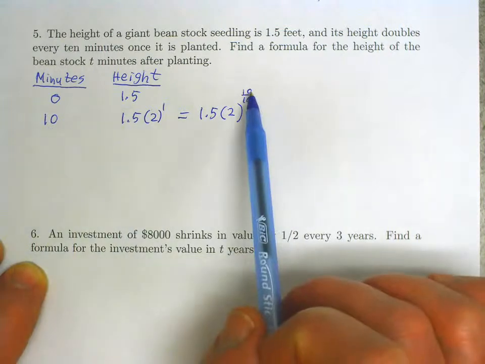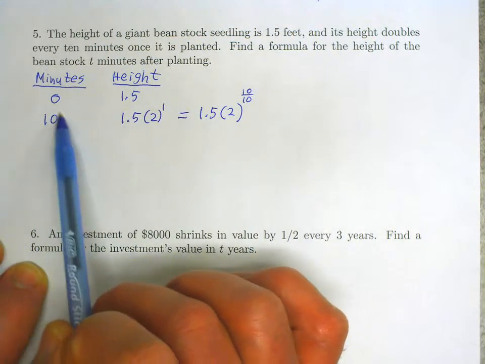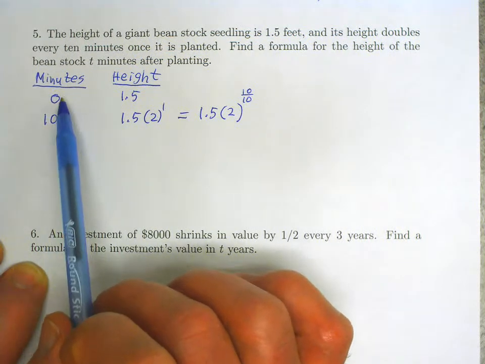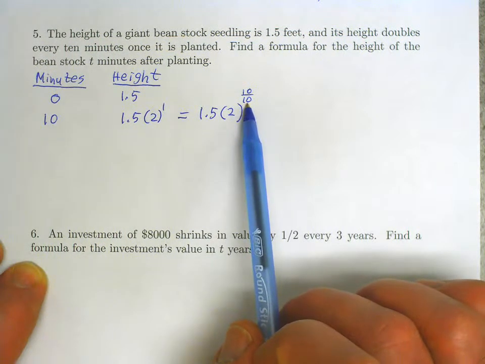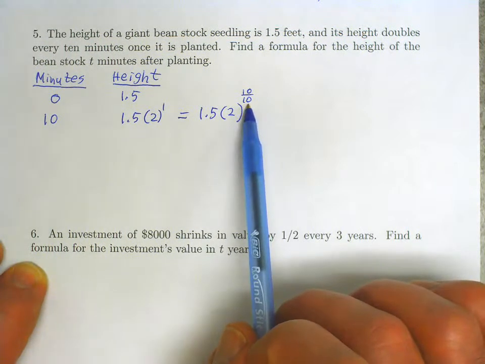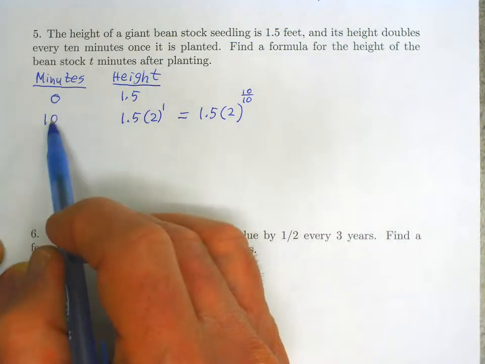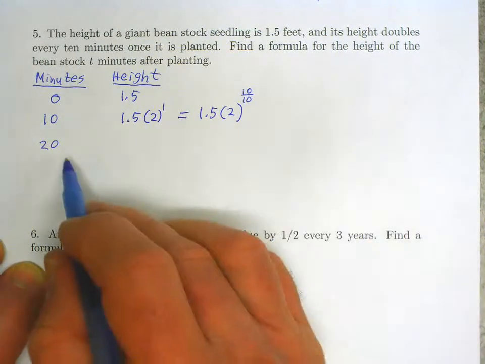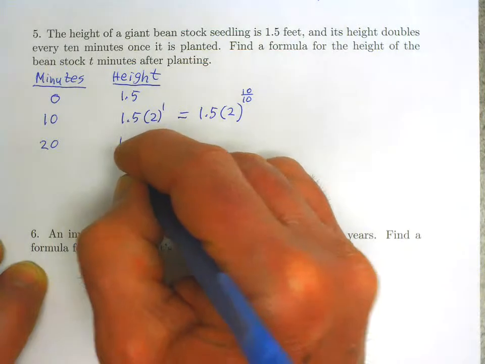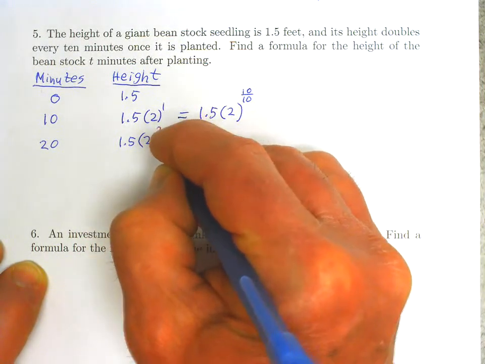So the numerator of this is the number of minutes that have elapsed since the seedling was planted. And the denominator 10 is from the fact that the height doubles every 10 minutes. Okay, so 10 minutes after 10 minutes is a total of 20 minutes. And the height doubles again, so it's 1.5 times 2 to the second.